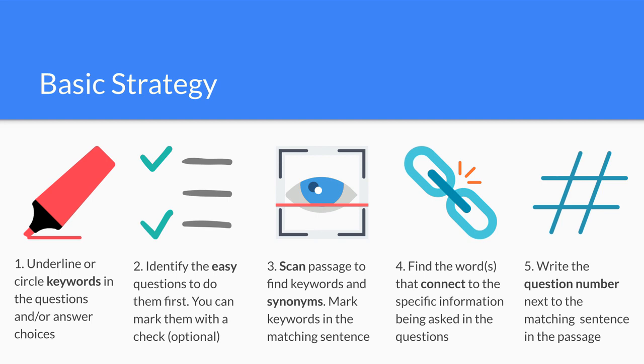So if I have identified where I found the answer to question number 3, and I have also identified the spot where I found the answer to question number 5, then I know that I'm going to find the answer to question number 4 sandwiched in between the answers for number 3 and number 5. It's going to be in there somewhere in between because they have to go in order. First number 3, then number 4, and then number 5. So that's why we like to put a little number next to the line where you have found your answer.